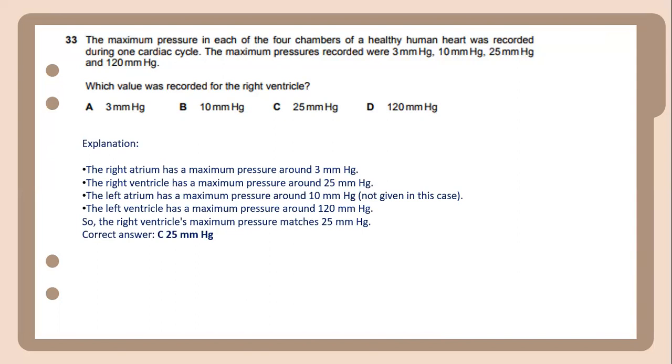The explanation is the right atrium has a maximum pressure around 3 mmHg, the right ventricle around 25 mmHg, the left atrium around 10 mmHg, which is given in this case, and the left ventricle around 120 mmHg. So the right ventricle matches 25 mmHg.